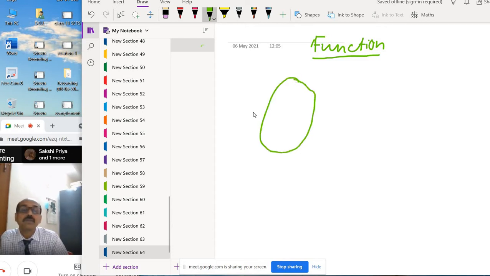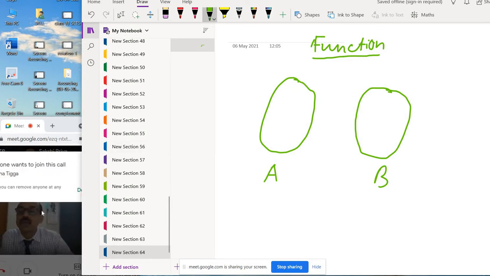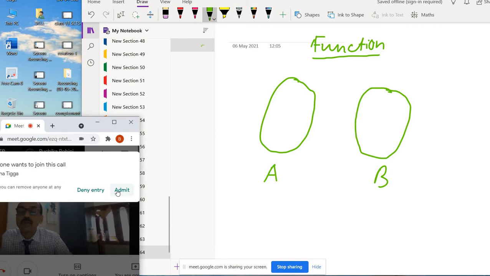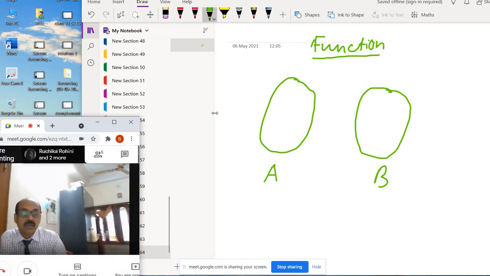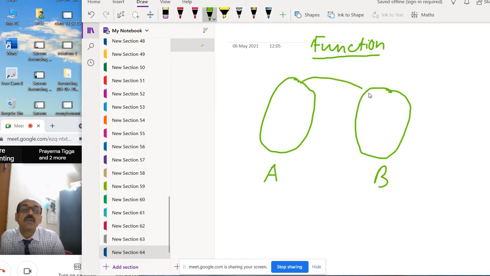This is one set and this is another set. Okay, so this is set A and this is B. Both are non-empty sets and f is a relation from A to B. So this is f.